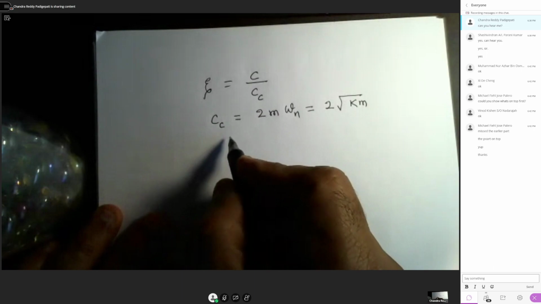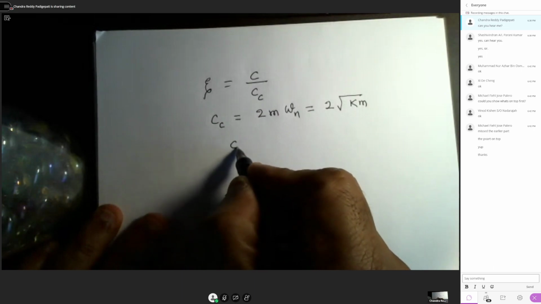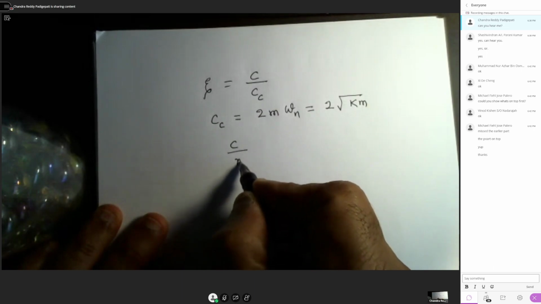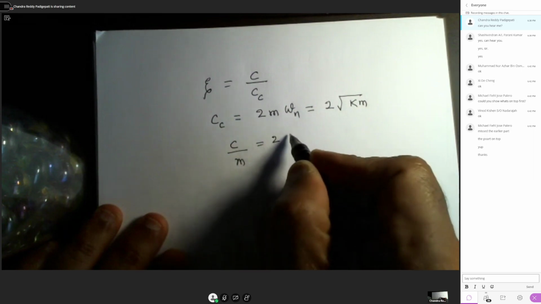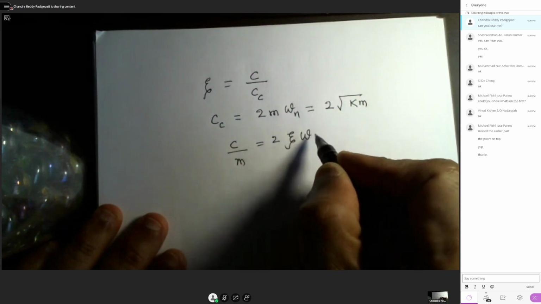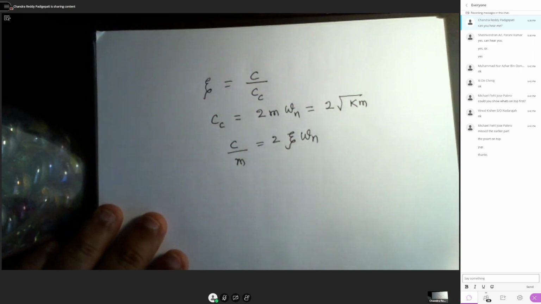You can also write C over m as 2 times the damping ratio times the natural frequency omega n.